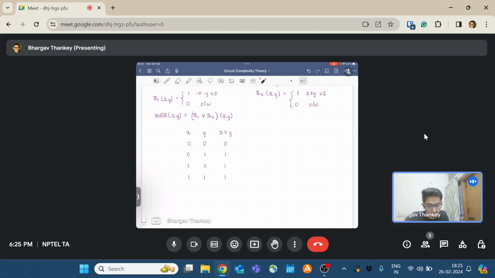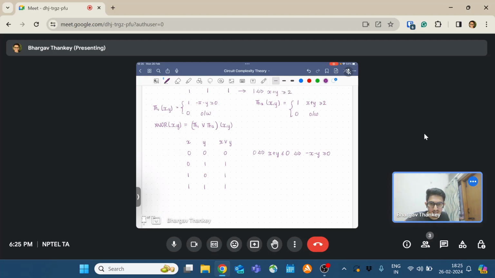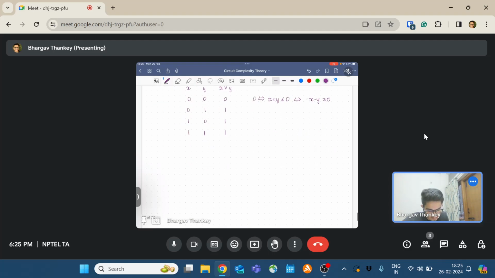Over here there is just 1, 0, so we can just focus on that. So 0 is then only greater than or equal to 0, right? And if you observe, this is exactly the gate TH1. So we can compute X naught like this.